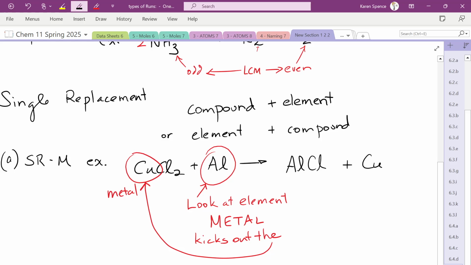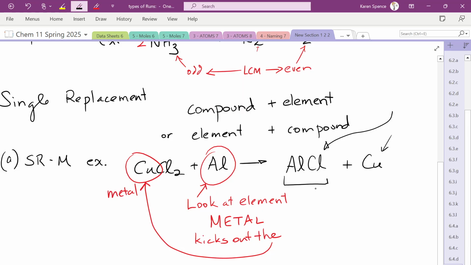Now, if you look at this, you might say to yourself, have I written my element correctly? Is it diatomic? No, it's not one of the Brinkelhoff. Have I written my compound correctly? No, because when you write a compound, you have to look at the charges.